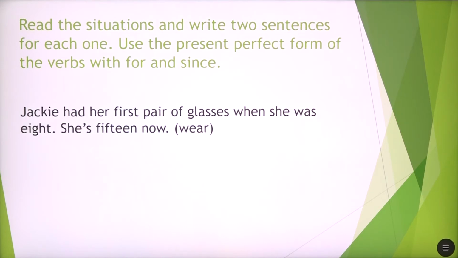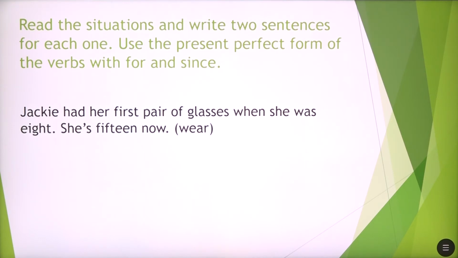Now you have to try to create sentences by yourself using the present perfect and expressions for and since. We have the sentences given here. Jackie had her first pair of glasses when she was 8. She's 15 now.